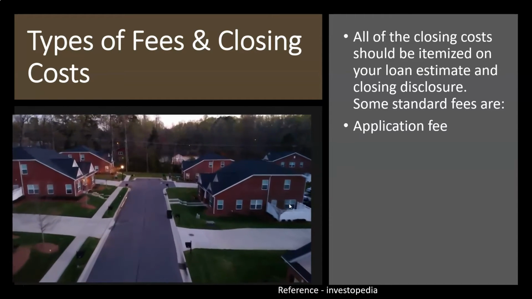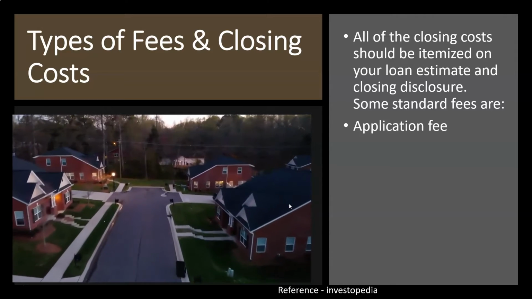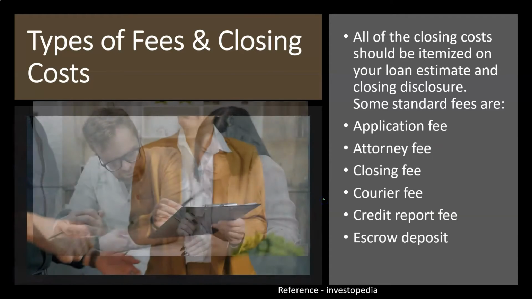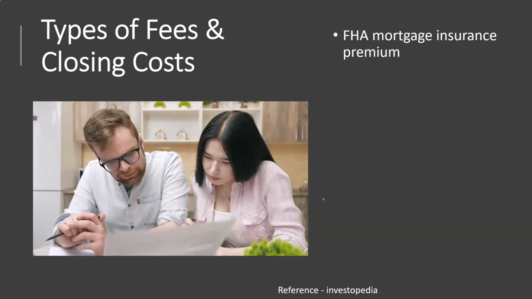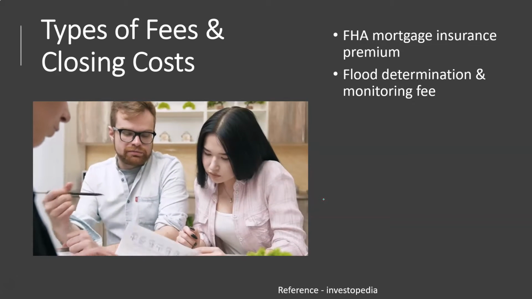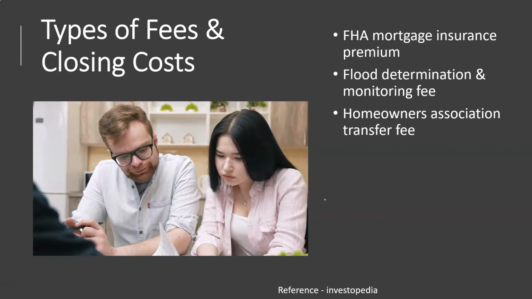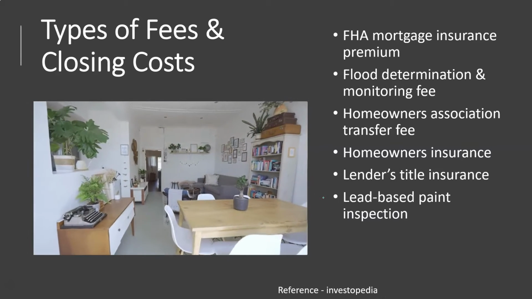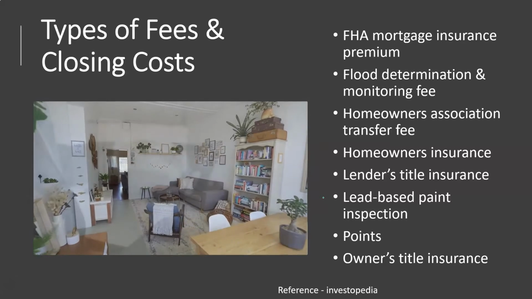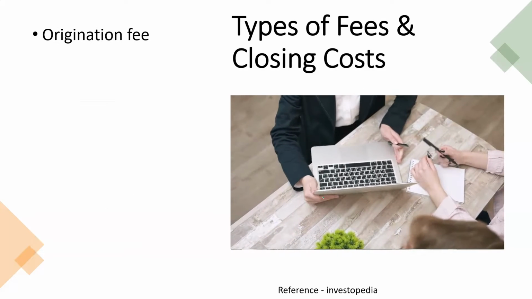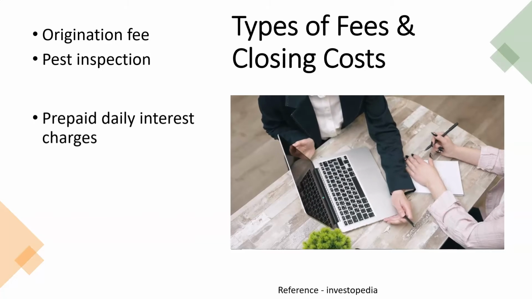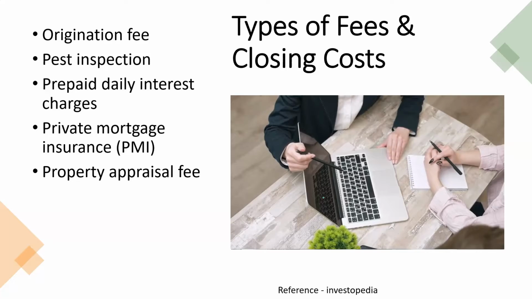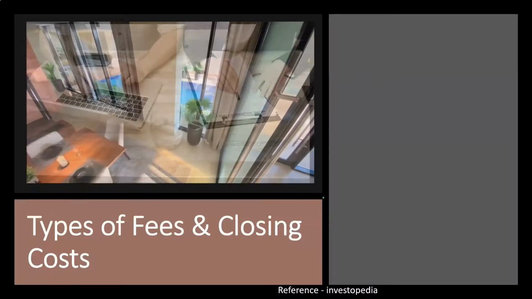Some standard fees are application fee, the attorney fee, closing fee, courier fee, credit report fee, escrow deposit. Then we have the FHA mortgage insurance premium, flood determination and monitoring fee, homeowners association transfer fee, homeowners insurance, lender's title insurance, lead-based paint inspection, points, owner's title insurance, origination fee, pest inspection, prepaid daily interest charges, private mortgage insurance or PMI, property appraisal fee, property taxes, rate lock fee.